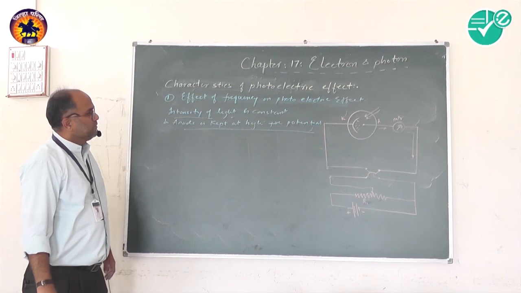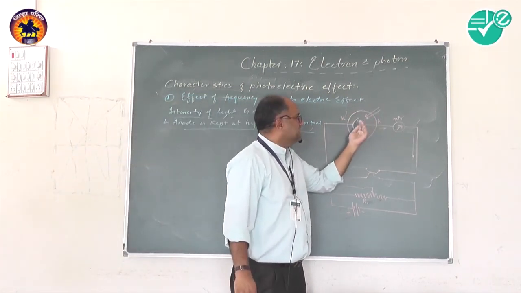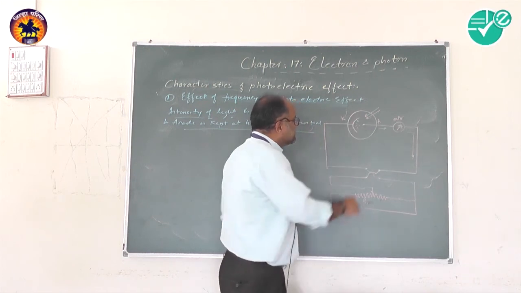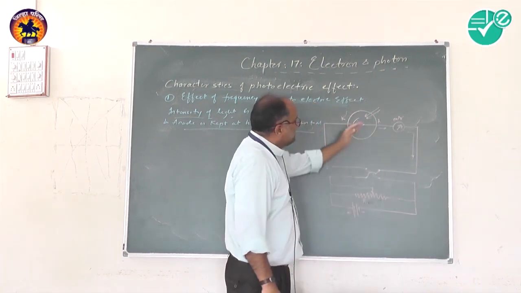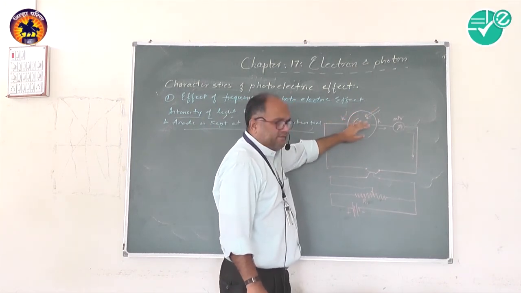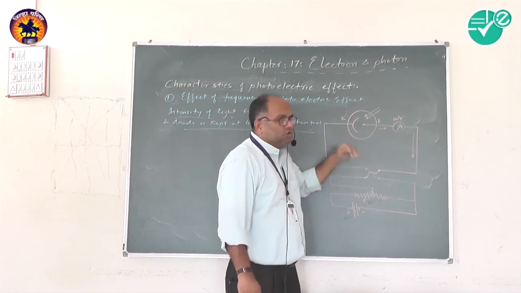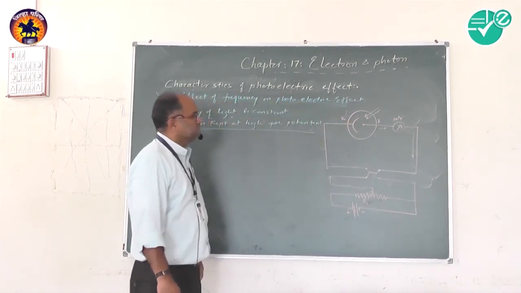Now we start to incident some radiations. Let us consider at a low frequency we started to incident the radiations. When we incident low frequency radiations, then no photoelectric emission will be taking place.